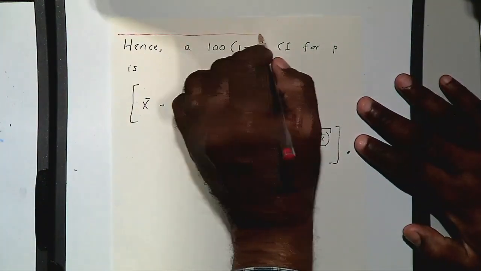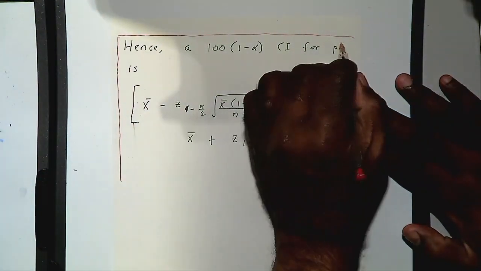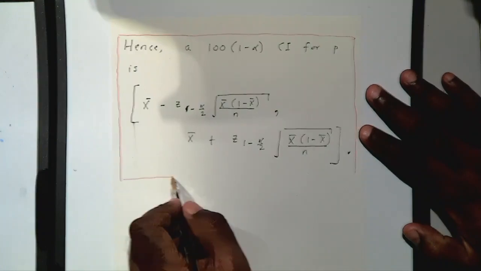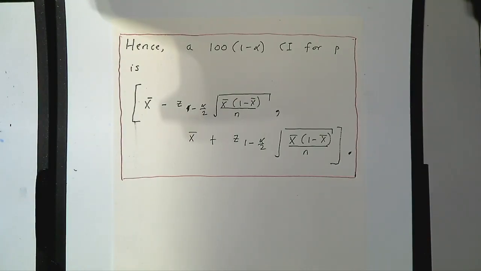So this is the confidence interval for P, the population proportion. Is that clear to all of you or not?